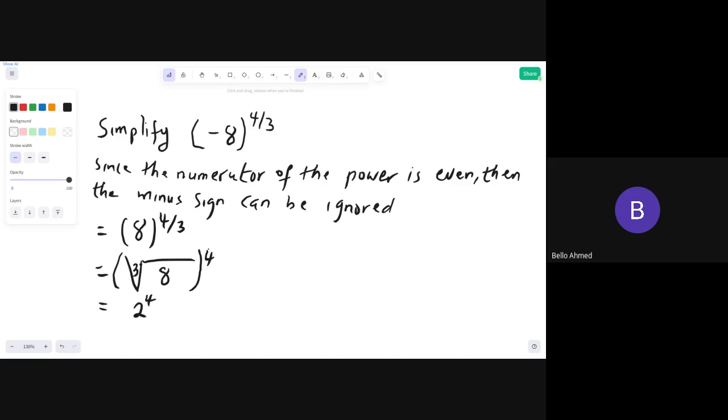Which is going to give us 2 raised to the power of 4, which is 2 times 2 times 2 times 2. So 2 times 2 is 4, 4 times 2 is 8, 8 times 2 is 16. So this is going to give us 16. Thank you.